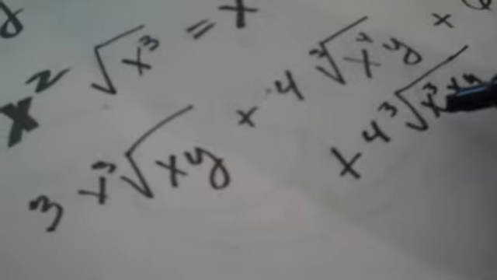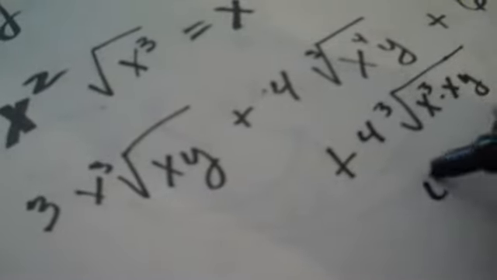So that x to the 3rd will come out, and that will make that 4x cube root of xy. And then my first term was 3x cube root of xy. And then finally over here, I'll add the plus 6.